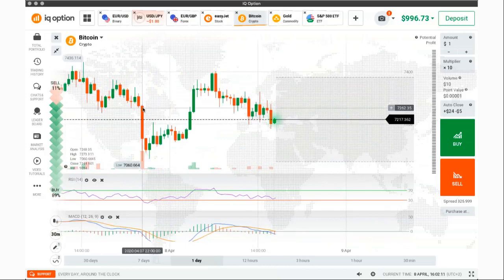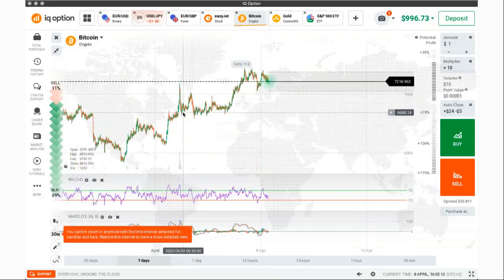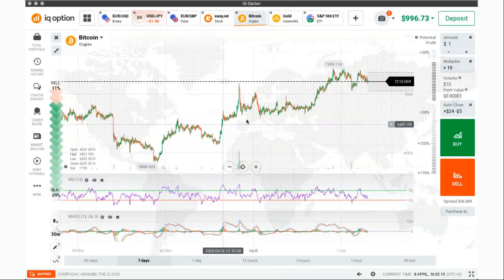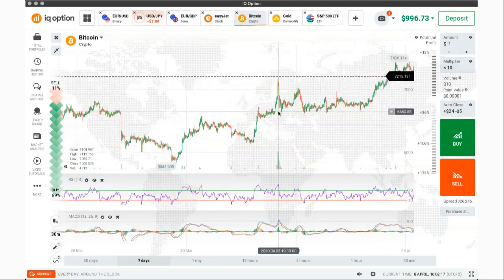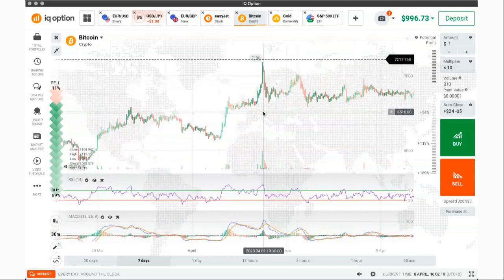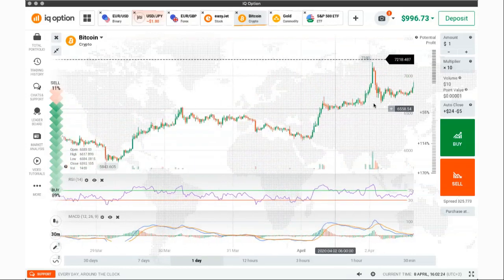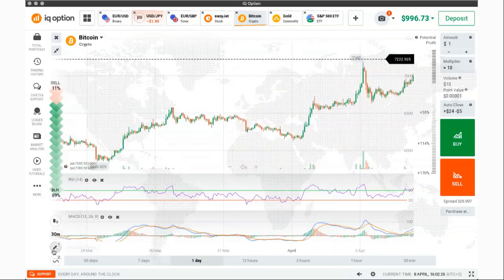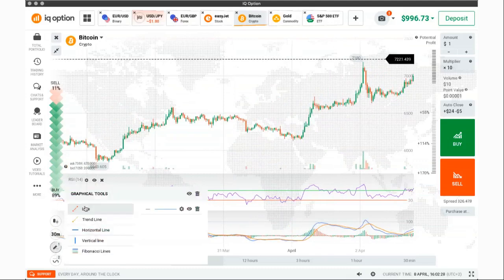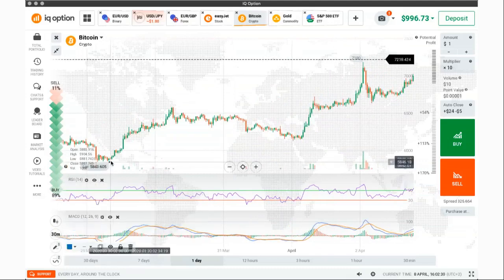In fact, to show you trailing stop, I don't know if I want to use BTC. I can be cheeky because I've got these lines which I'm going to use to prove my point. So I'm going to take my graphical tool just so I can show you something, okay? Just make sure this pans out.